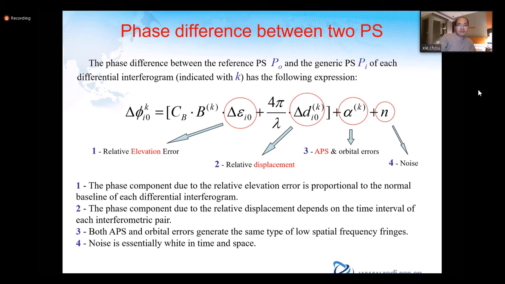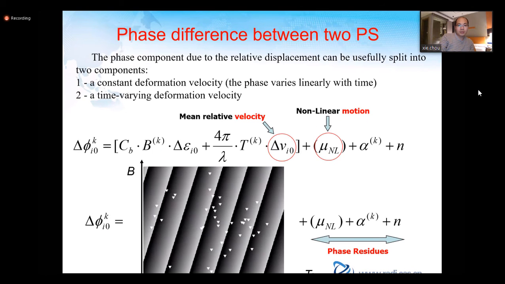Here is given a phase difference between two PS. Because this formula is very complicated, I would like to go to another slide.